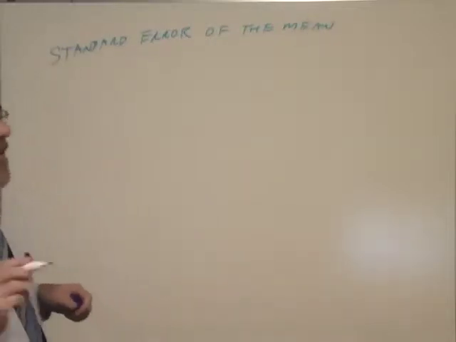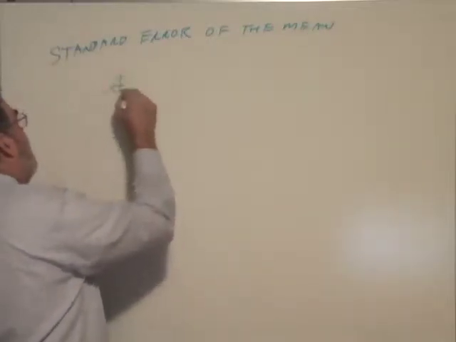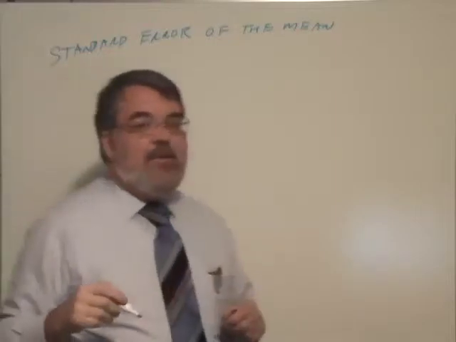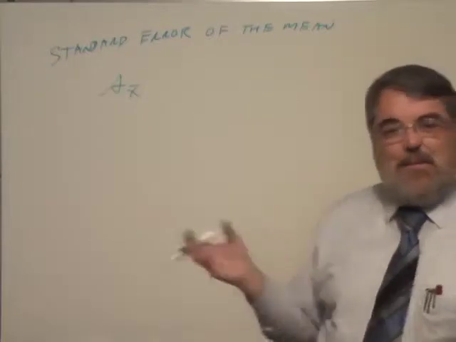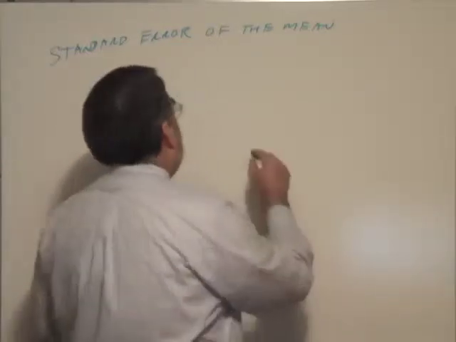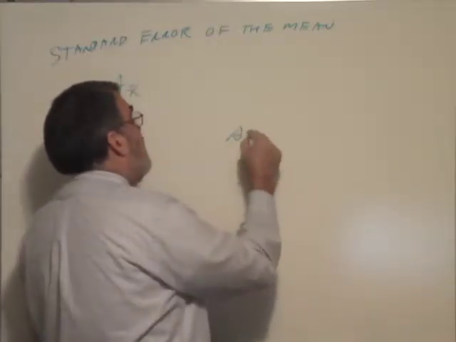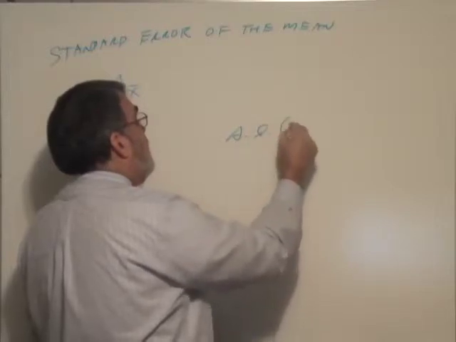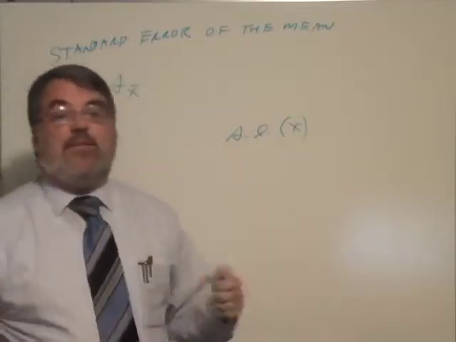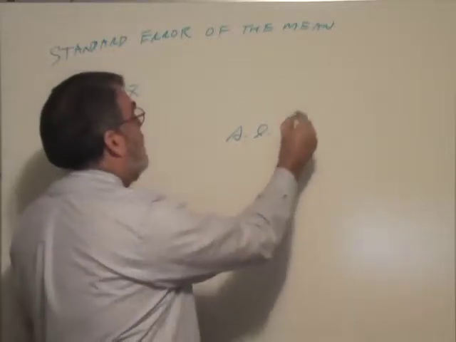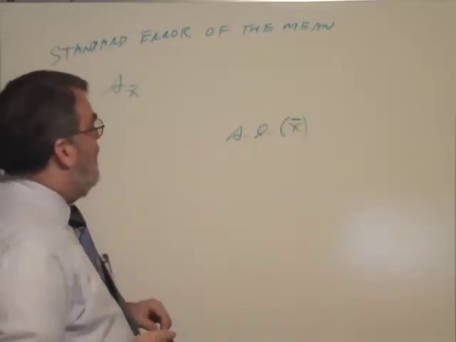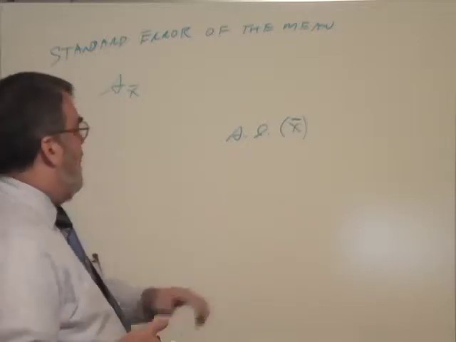And my symbol for this is S with a subscript of x bar. S x bar. Now, your textbook calls it S.E., with parentheses x bar. That's the standard error of the mean. Anyway, so you'll find that in your textbook.